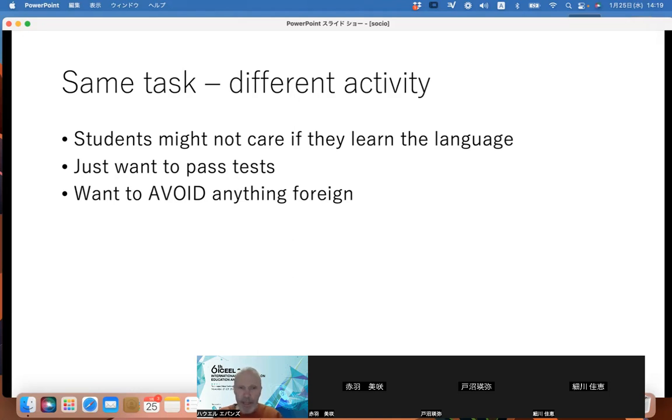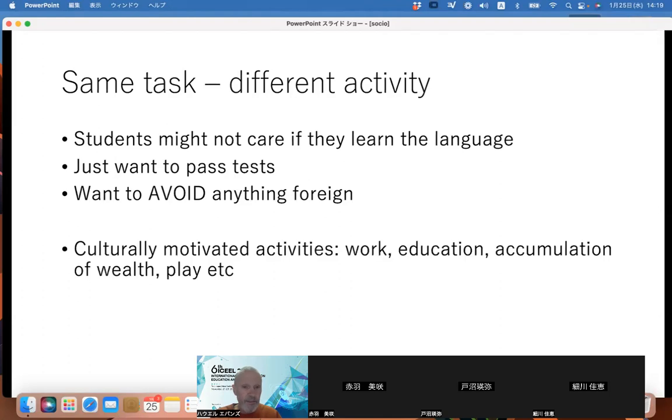So their goal is to avoid anything foreign, and sometimes you'll do things just to finish it: do the test, finish the activity, with no real interest in learning the language. So motivation, I suppose. What are the goals? If the goal is different, then the activity is different.